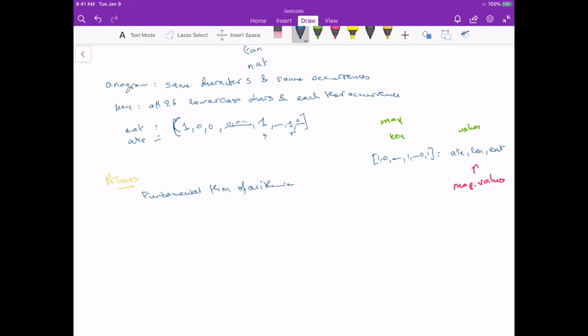any number can be converted as a unique product of prime numbers.